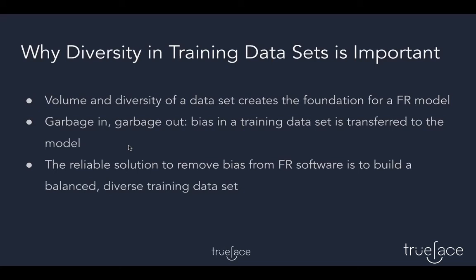Let's say a training data set is weighed heavily towards a particular demographic, right? Then the software is likely going to work best identifying or verifying that demographic. So if your data set is built with primarily white male faces, say, the software is going to be most accurate when identifying or verifying a white male face, and maybe less accurate at identifying or verifying a non-white, non-male face. And as you can imagine, conversely, the more diverse the data set is, the more effective that software is going to be at applying itself to the kaleidoscope of real world applications and human faces.